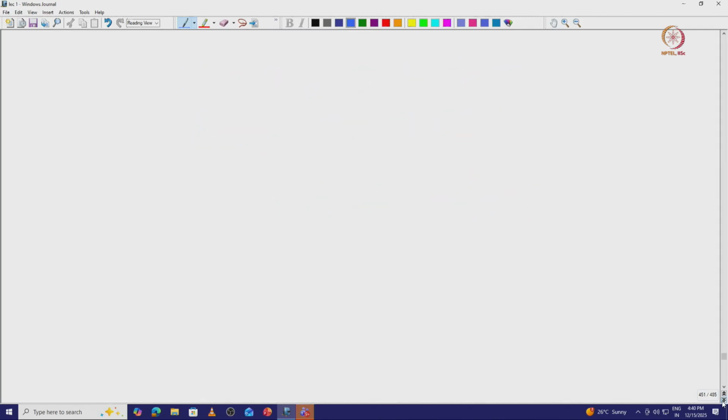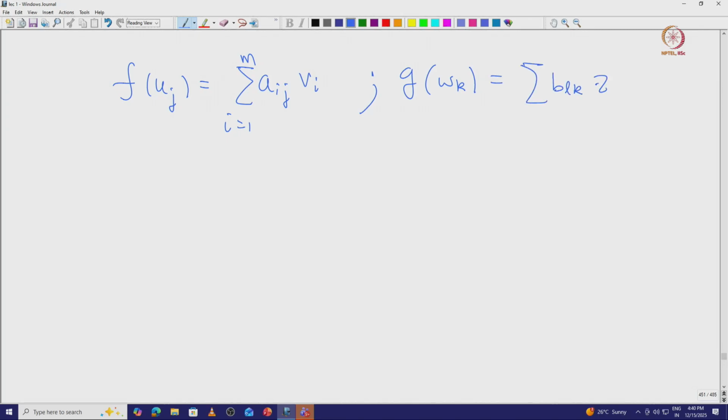So, now let us actually look at how the tensor product is defined. Let us fix this notation. f of uj is going to be exactly equal to summation aij vi, i ranging from 1 to m, and similarly g of wk is going to be exactly summation blk zl, l ranging from 1 to p.